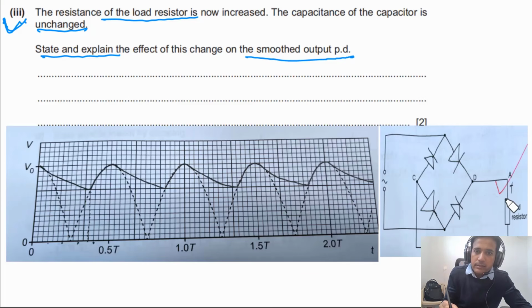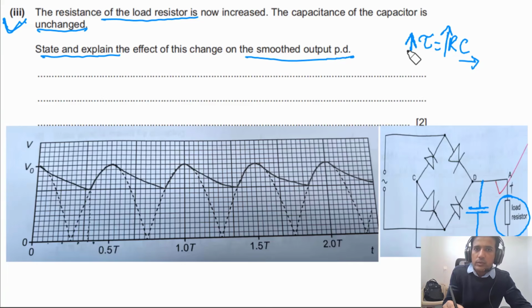For this one, as the resistance of this load resistor is increased, and our capacitor is connected between C and D, the capacitor will discharge through this resistor. So tau for discharging is equal to RC. If resistance increases, C remains constant, so tau will increase.